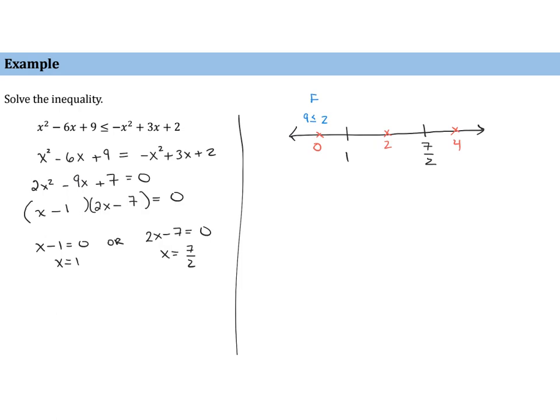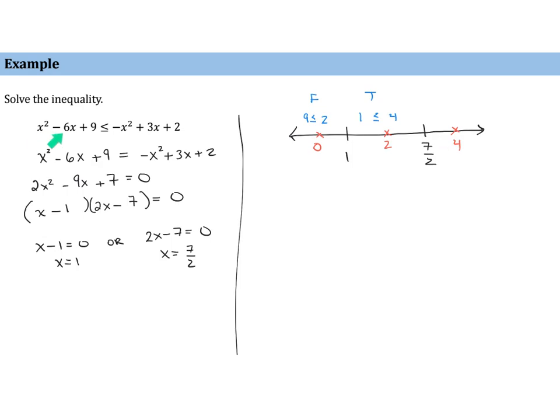Now let's substitute 2 in. We would get 1 is less than or equal to, now let's put 2 into the right-hand side. Negative 4 plus 6 plus 2. And that is 4. And that is true. Now let's substitute 4 in.